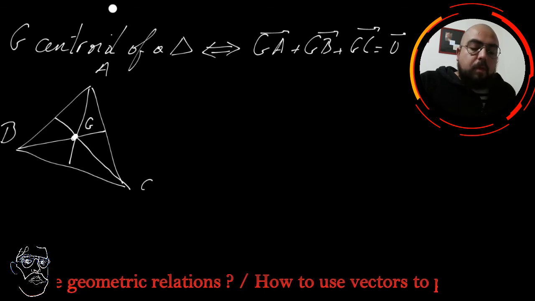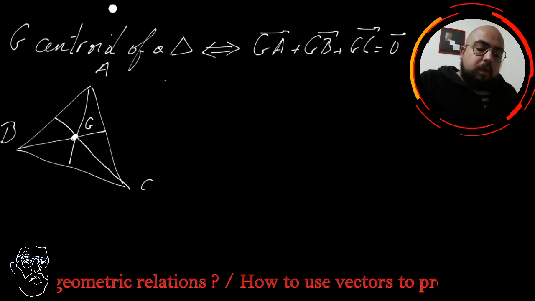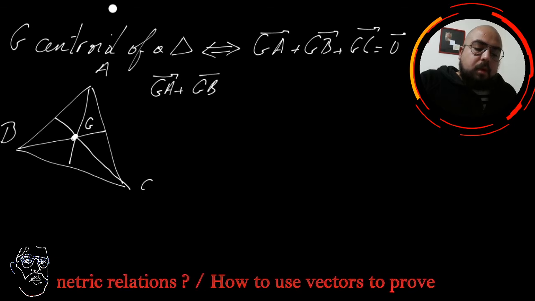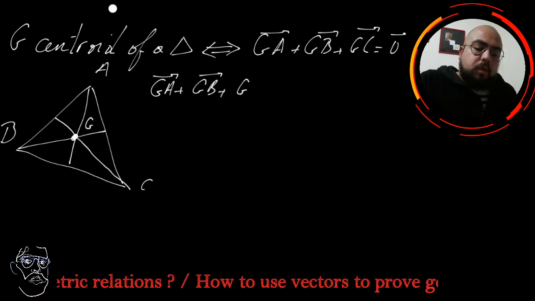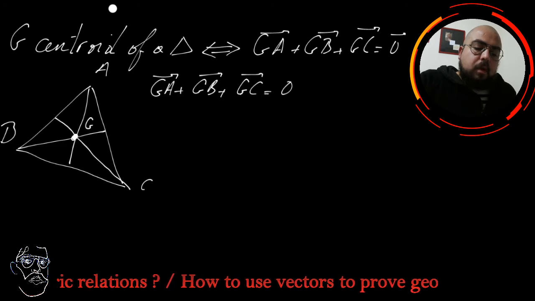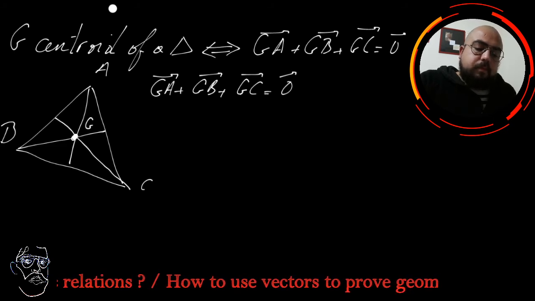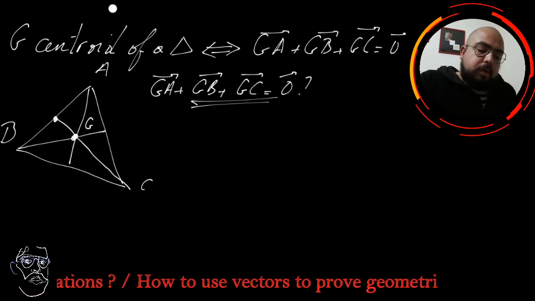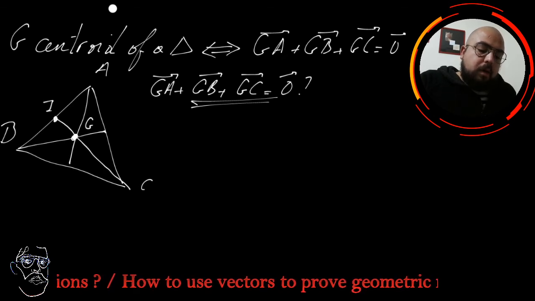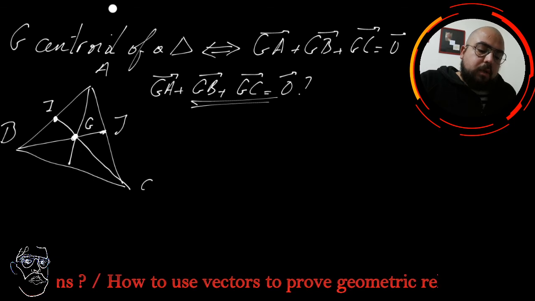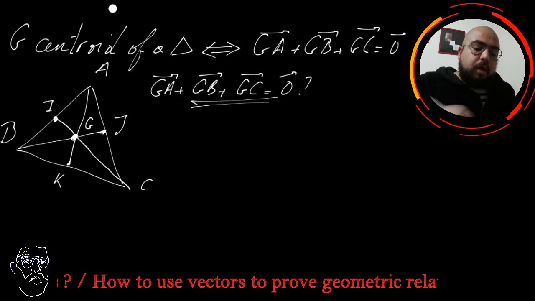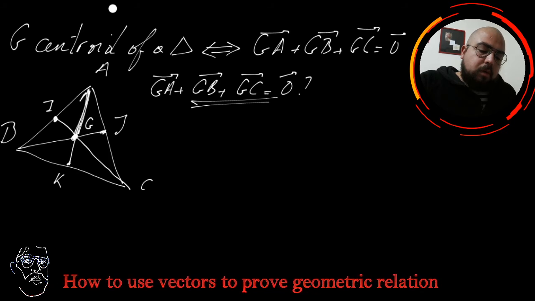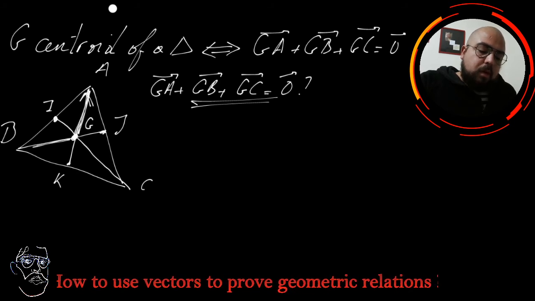How am I supposed to demonstrate that GA plus GB plus GC is equal to 0? Very simple. I'm going to call the midpoints, let's say, I, J, and K. So I have GA plus GB.